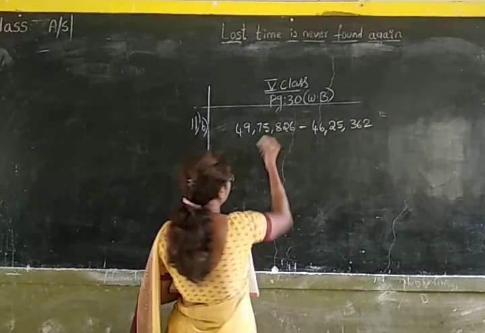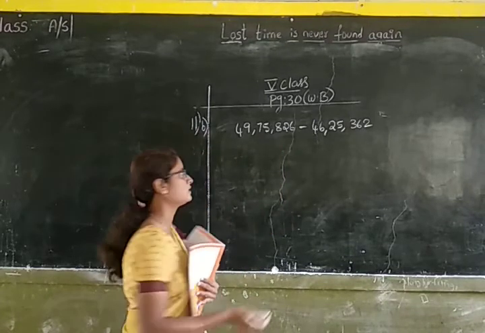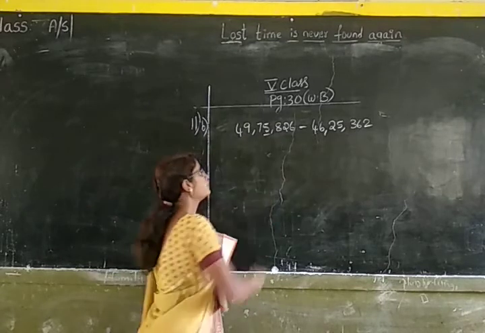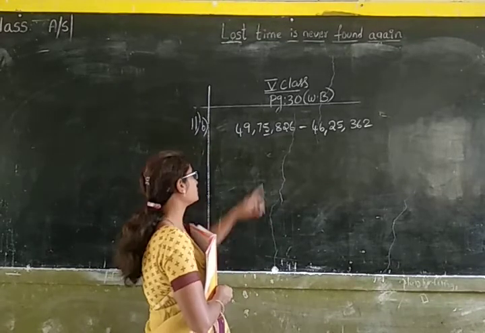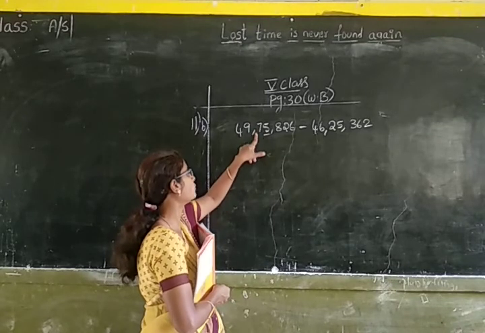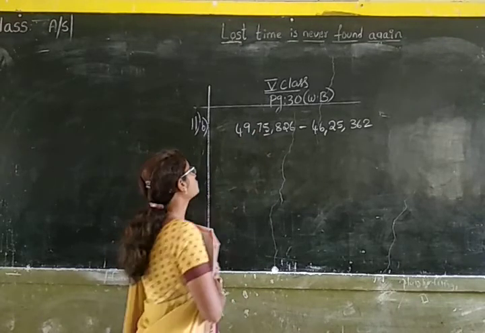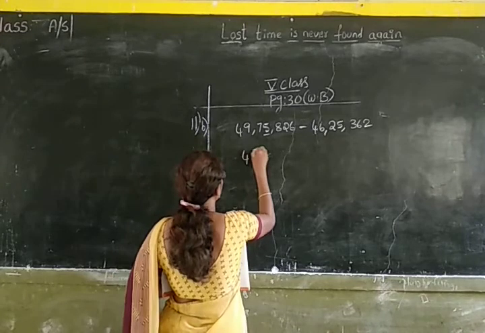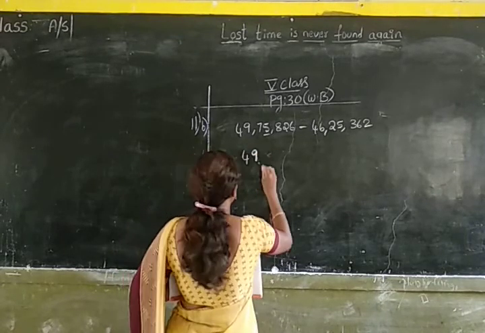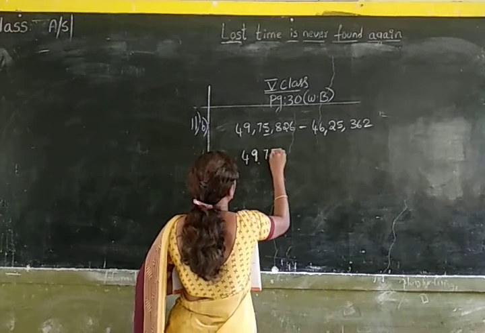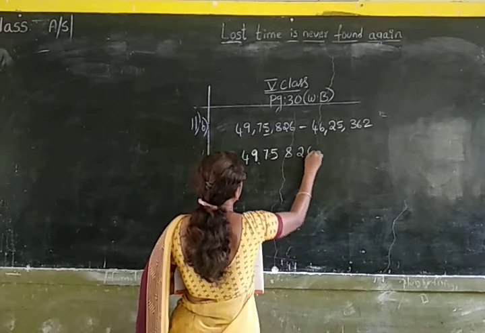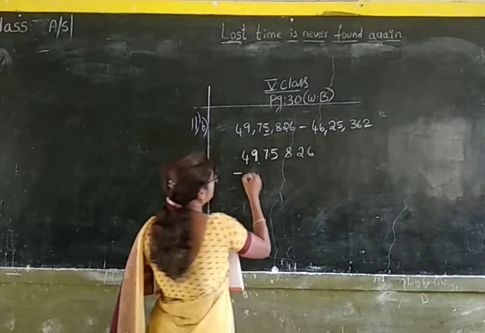When we have to estimate the number to the nearest 10,000s, we have to underline the digit at the thousands place. Here we are having 5 in the thousands place, so we have to add 1 to the next place. So this number will become 49 lakhs 75,826 minus.